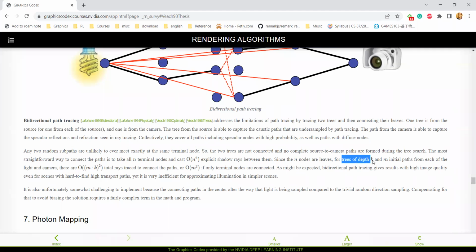Tree of depth K and M initial paths. That's a very complex thing. I'm looking at how you implement this, and the answer is with difficulty. Bidirectional is complicated, yeah.